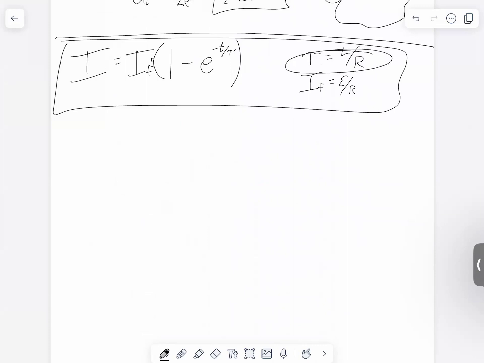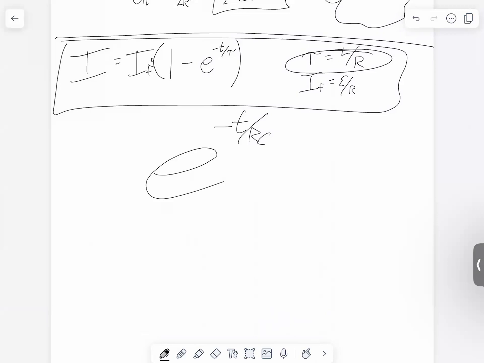Tau is L over R. I assigned the homework a long time ago. This might be a homework question. Think of tau equals RC in the capacitor equation. We had e to the negative t over RC a bunch of times till we defined tau as the time to reach 1 over e of the final value.